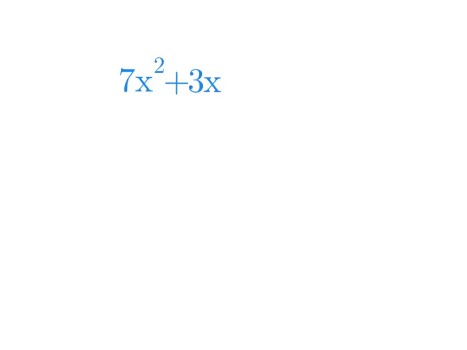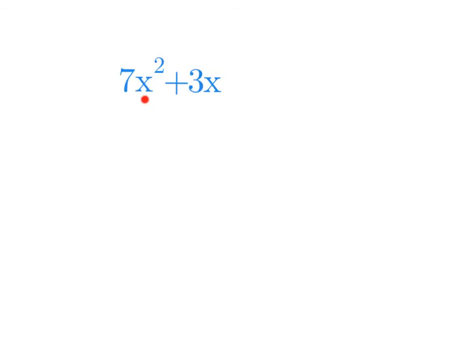One thing you have to keep in mind is what counts as matching or like terms. These two terms both have x's, but we can't combine them because this is x squared and this is x. They don't actually match. The thing in front of a variable is called the coefficient.